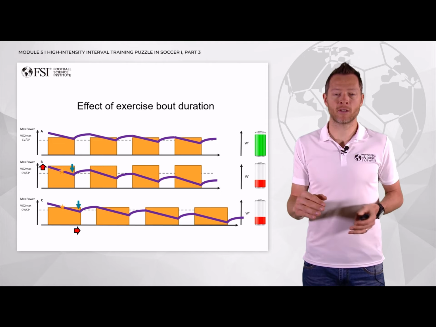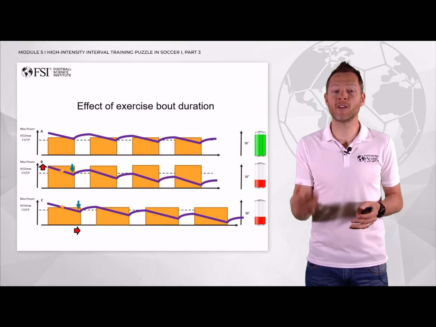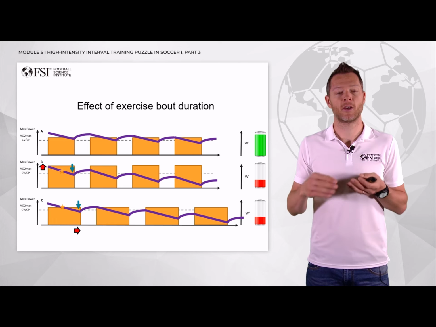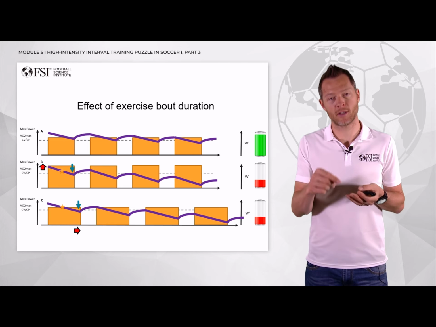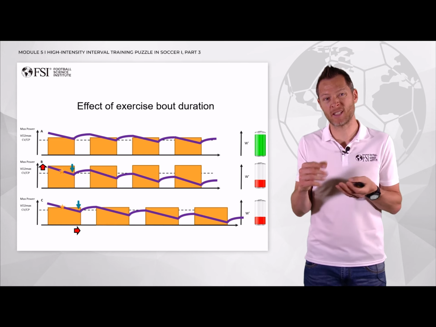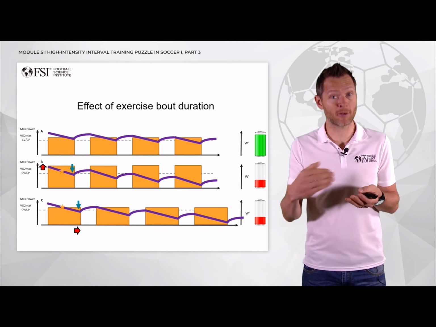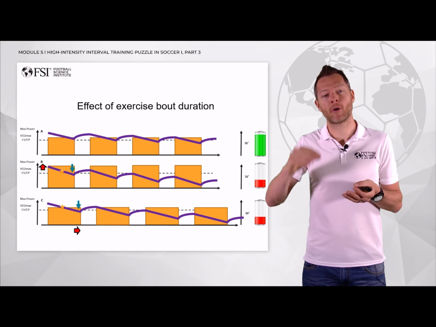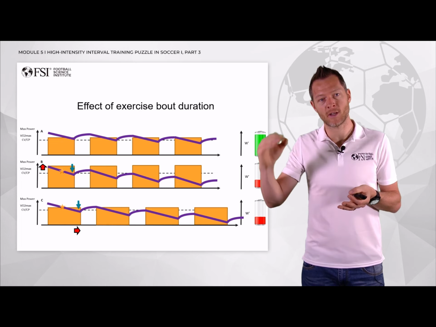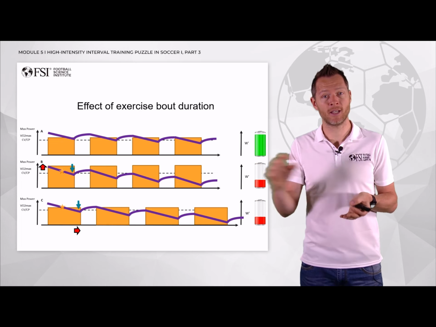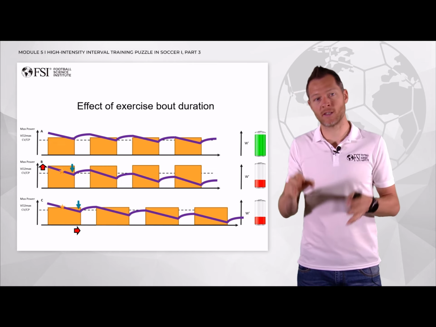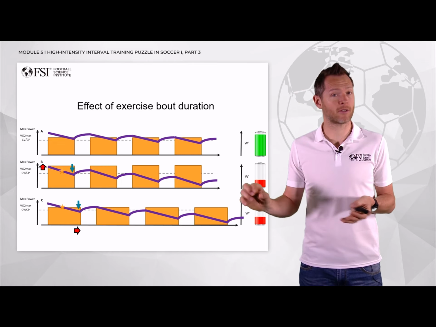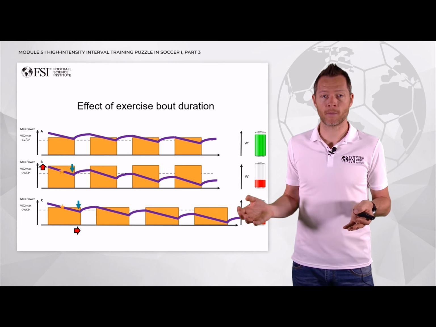But if for any reason, as in the middle graph, we increase the intensity of the exercise, the rate at which the exercise capacity will be depleted will be increased, and that will actually lead to a progressive decrease of this battery capacity, so that when the set is over, the battery is almost empty.